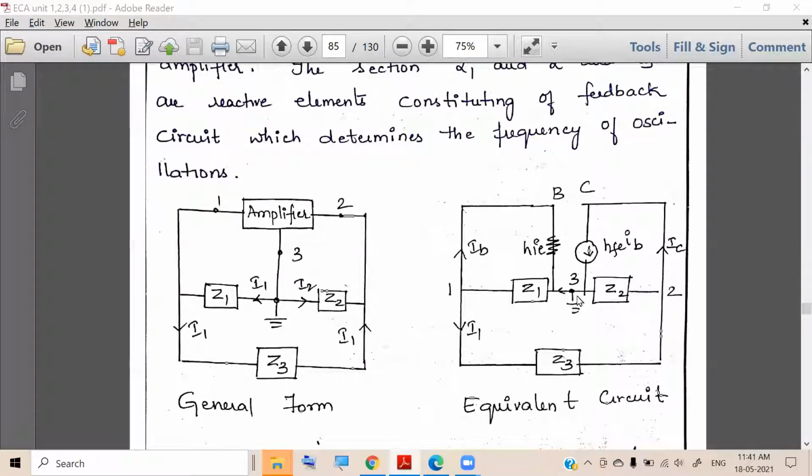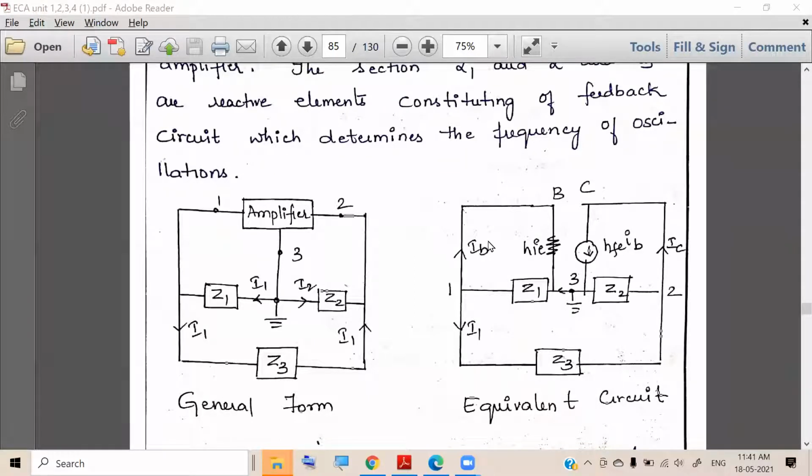The grounded terminal is the emitter terminal, and the other terminal is the collector terminal. Usually the base current is very small in an amplifier circuit.